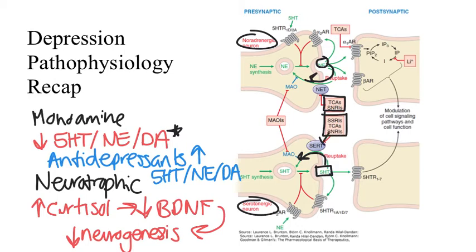Some antidepressant drugs have slightly different mechanisms or some combination of reuptake inhibition with another mechanism, but in general, all antidepressants block NET and or SERT. I will keep returning to this figure as we talk about the individual drug classes to remind you of the pathophysiology and the overall mechanism of each pharmacologic class of antidepressants.